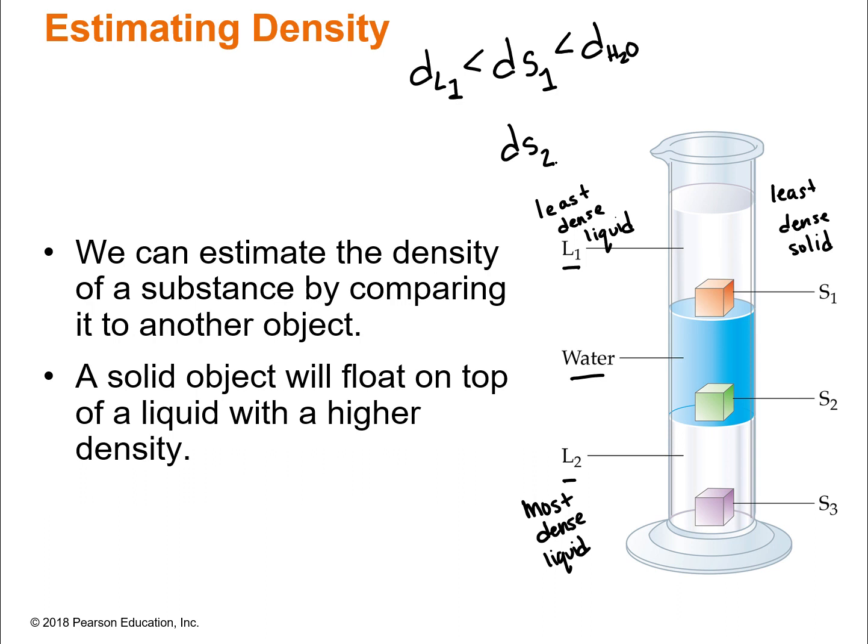Is water more dense or less dense than S2? Water is less dense than S2 because S2 sank down through it, okay? If it was just a cylinder of water, that solid would be sitting at the bottom of the water. It's more dense.